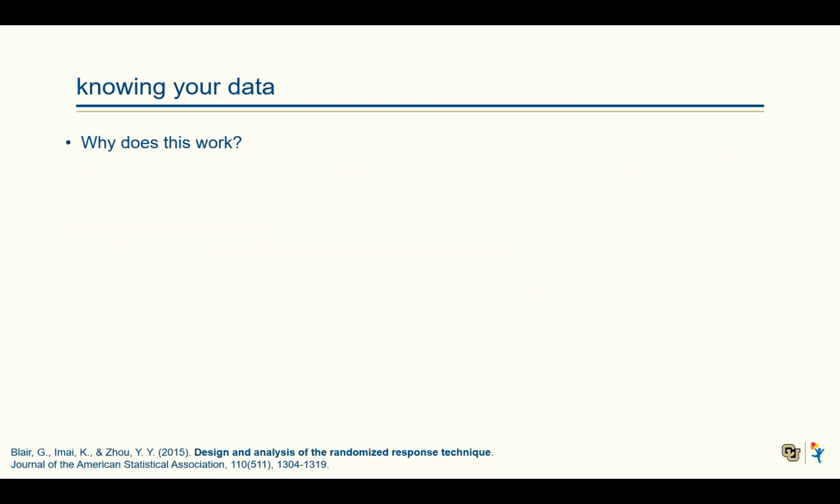This is interesting. It's very weird, because we're telling people what to answer, and sometimes it's not really the truth. Why is this helpful at all? Well, you have to know how humans work, not so much data. What's happening here is we're offering people plausible deniability. If anonymity was broken, if their survey was somehow leaked to the press and someone saw a yes, and yes was the really naughty answer, the answer nobody wanted to be associated with, they would have plausible deniability.